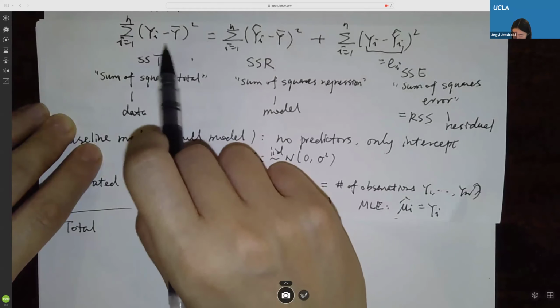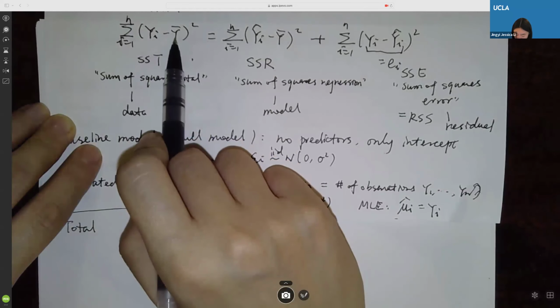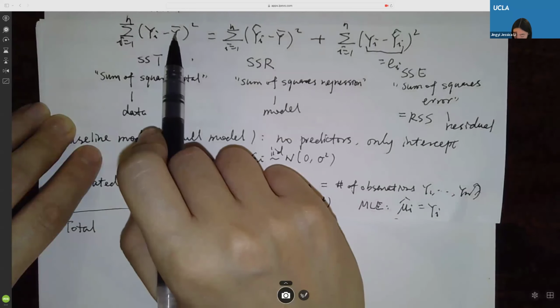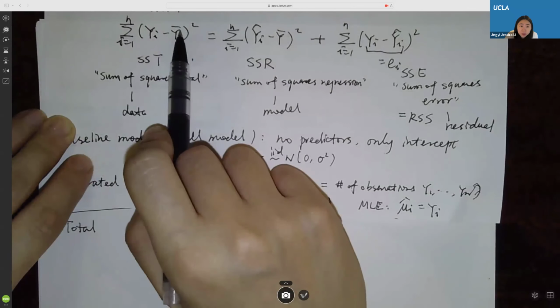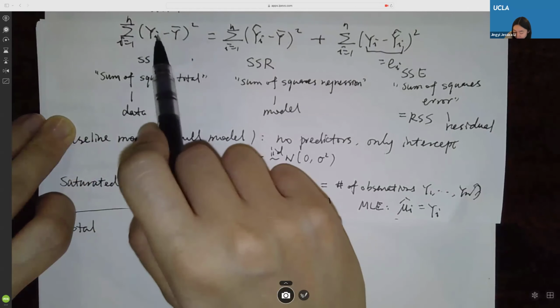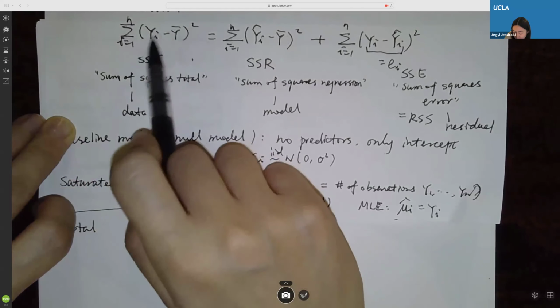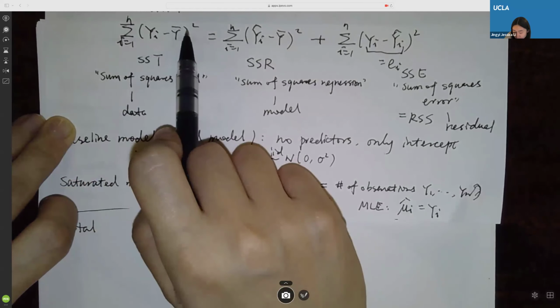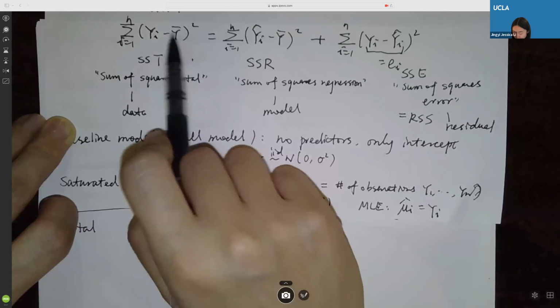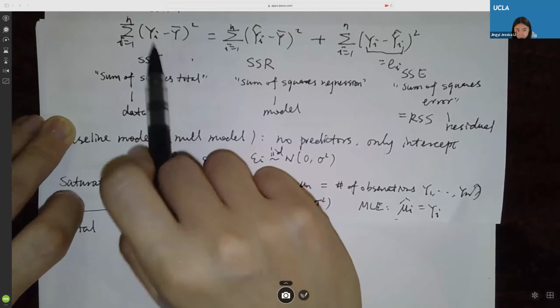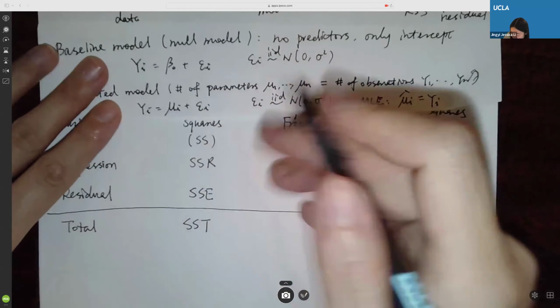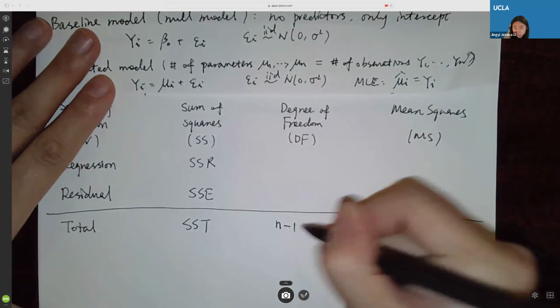In other words, when we calculate the variance, we calculate the average, so we're losing 1 degree of freedom, because it's about how y1 to yn differ from the average. If I add a constant to every yi, this variance will stay the same. So SST has degrees of freedom n-1.